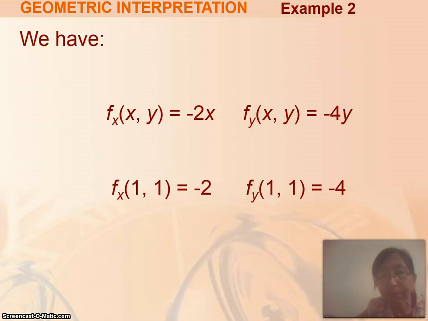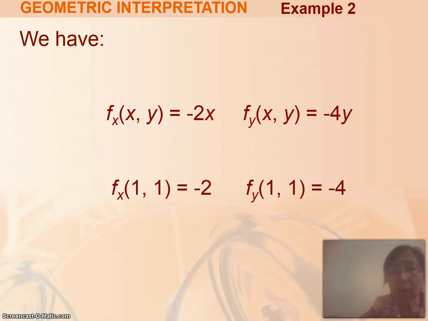We will find the partial derivatives with respect to x: f_x of x, y equals minus 2x. Partial derivative with respect to y: f_y of x, y equals minus 4y.